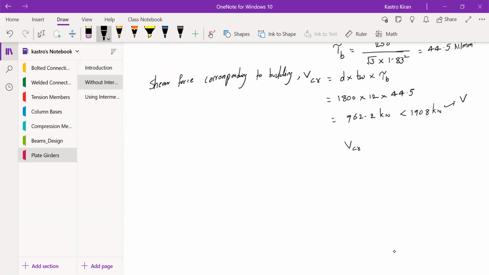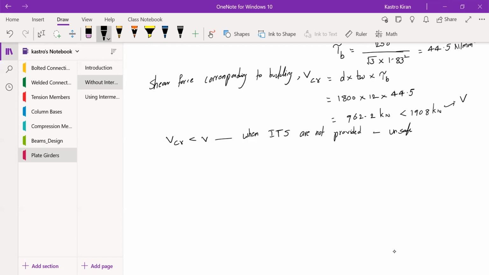When the value of VCR is less than V and intermediate transverse stiffeners are not provided in the question, it is considered an unsafe section.